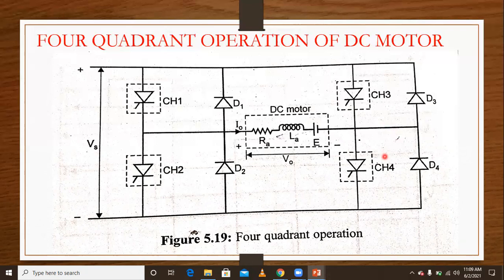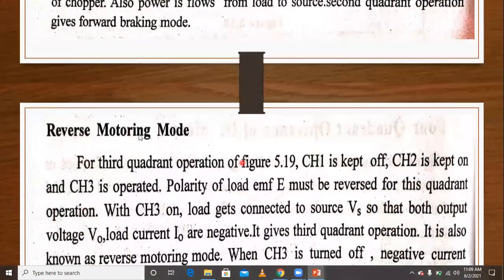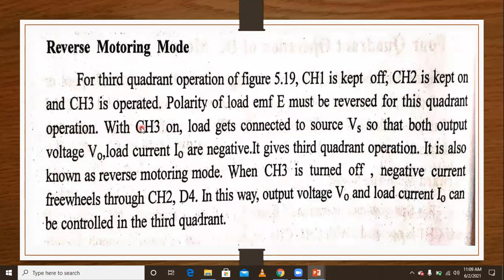And then finally, what is the last one? After reverse motoring mode, reverse braking mode. In this reverse motoring mode, for the third quadrant operation, CH1 is kept off, CH2 is kept on, and CH3 is operated. The polarity of the EMF must be reversed for this quadrant operation.